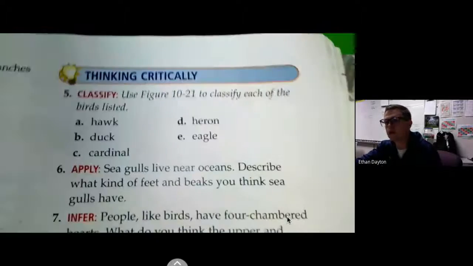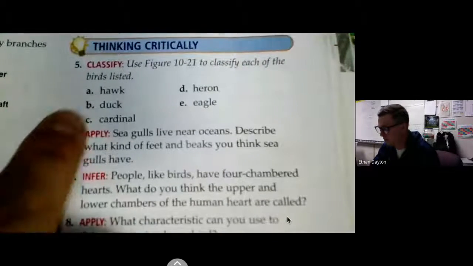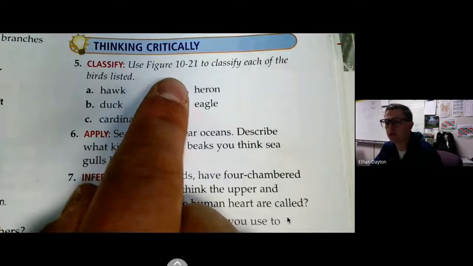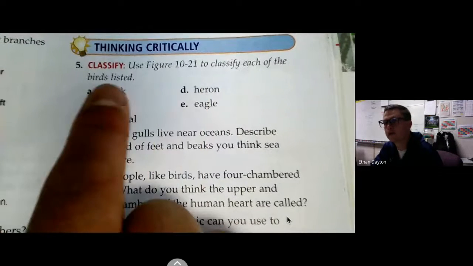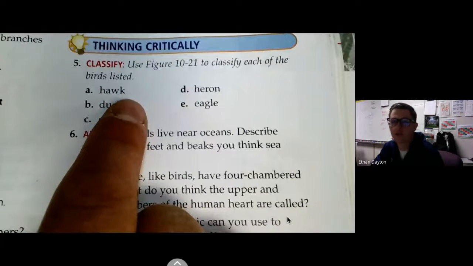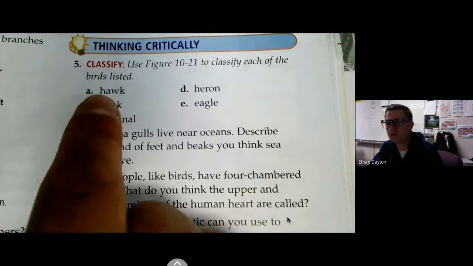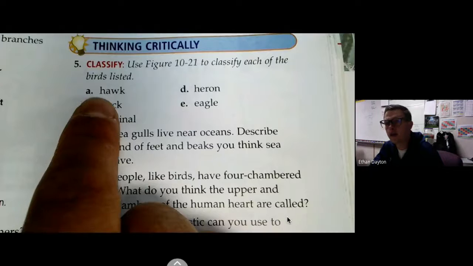Okay, now let's go to thinking critically, 5 through 8 here. We have number 5, classify. Use figure 10-21 to classify each of the birds listed. So you may need to pause this or rewind and go back to that figure, or just look at the picture of the textbook page that will be attached to the assignment as well. A, a hawk.